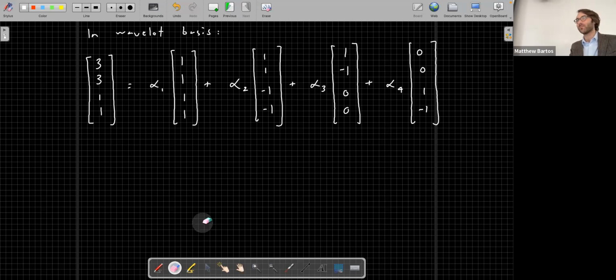I happen to pick a vector that has a sparse representation in the Haar wavelet basis. So we can get our vector 3, 3, 1, 1 as follows. We take 2 times the first basis element plus 1 times the second basis element plus 0 times the other basis elements.